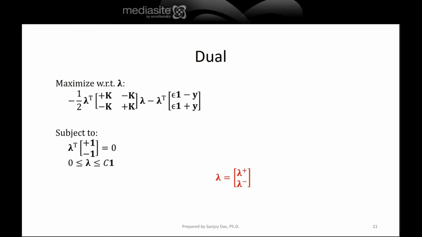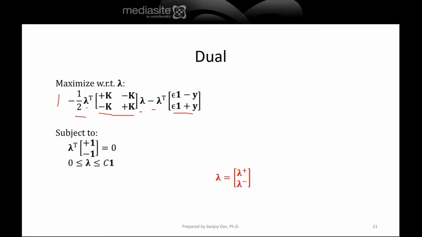Hence, this is the dual. It's greatly simplified, and it's a quadratic. Minus half lambda transpose times this matrix, K, minus K, minus K, plus K, times lambda, plus this vector transposed times lambda.